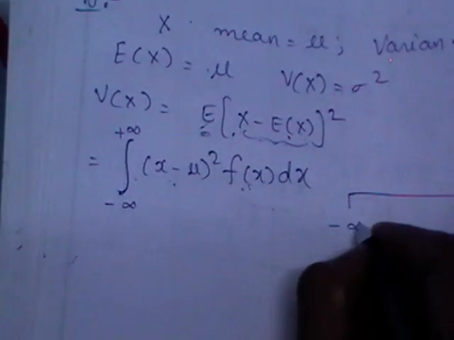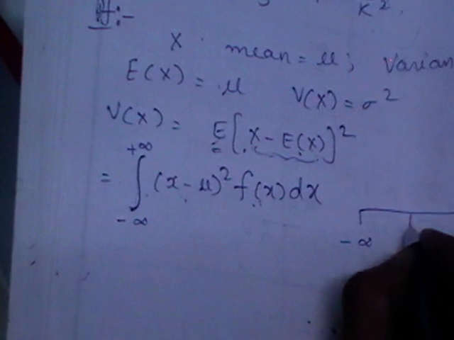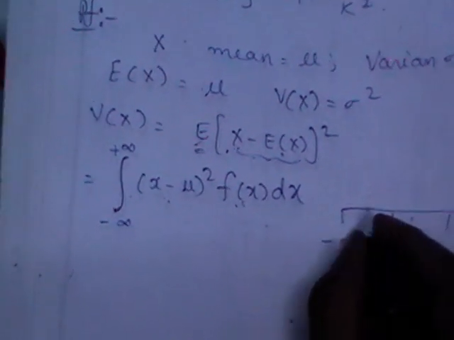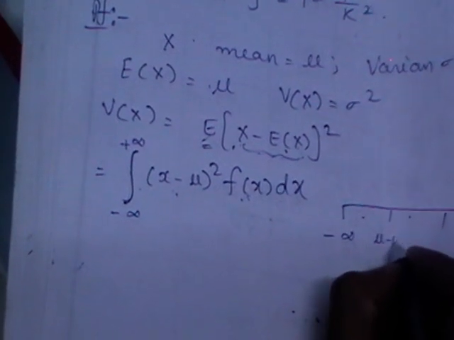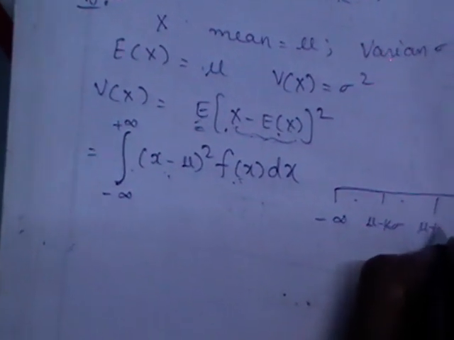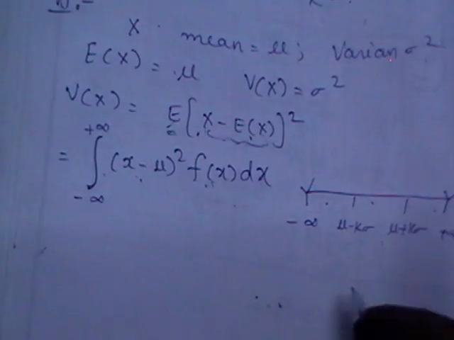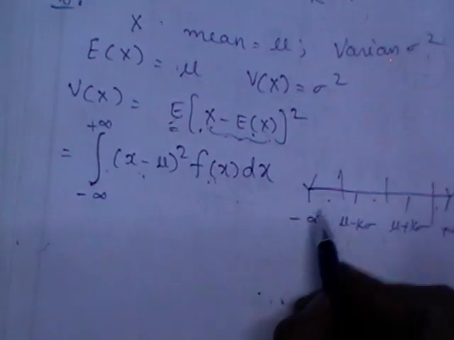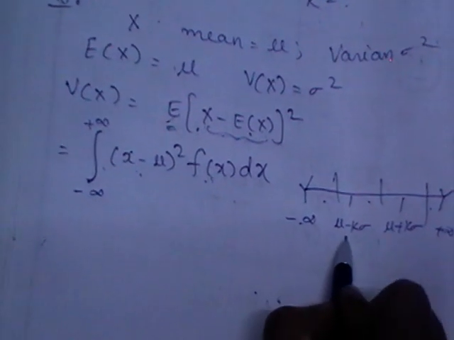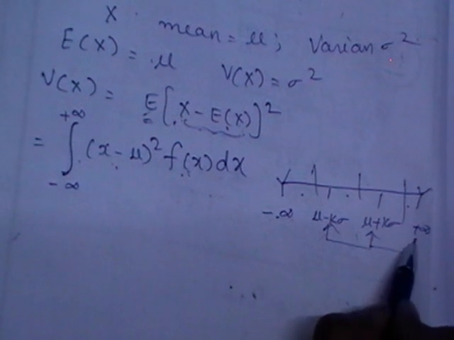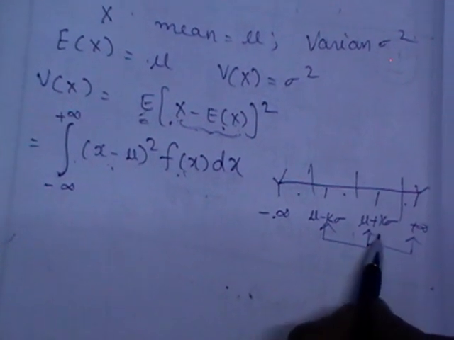I am going to split the entire range, minus infinity to plus infinity, into three different parts. Let us take in between mu minus k sigma and mu plus k sigma. So I have split the entire integral from minus infinity to plus infinity into three parts: minus infinity to mu minus k sigma, mu minus k sigma to mu plus k sigma, and mu plus k sigma to infinity.